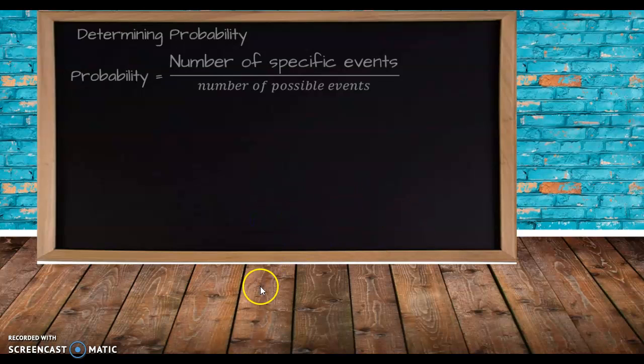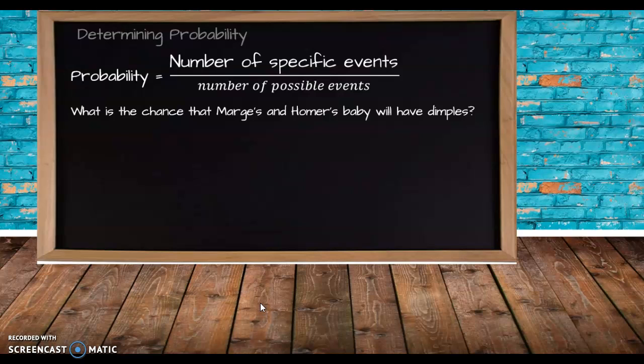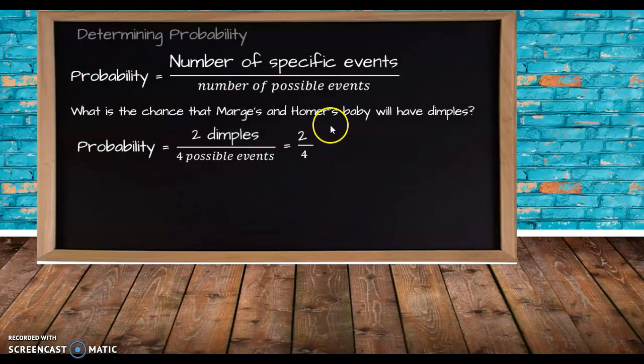And so, what is the chance that the baby will have dimples? Your probability here would be 2 chances of dimples over 4 possible events in all, because in the table, we only had 4. And 2 out of 4 equals 1/2. And that gives a 50% chance.